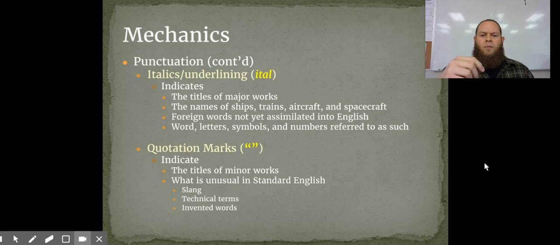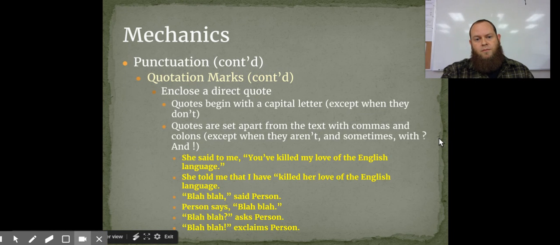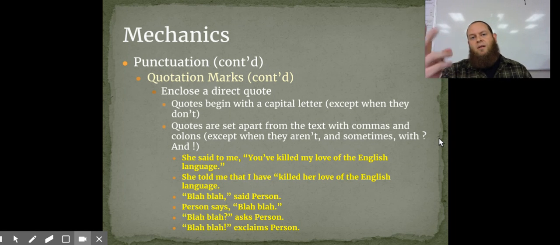Anything like slang terms or technical jargon or words that are invented, because that happens sometimes, that's necessary, quotation marks around those. Anytime we want to narrate discourse, conversation, dialogue, we put quotation marks for that as well.